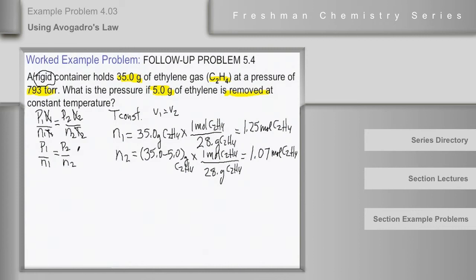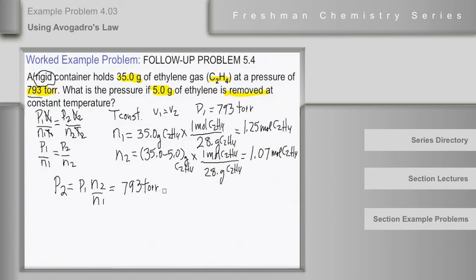Now, the problem asks us for the pressure under the second set of conditions, so we solve this for P2. And P2 will be equal to P1 times N2 over N1. So P1 is 793 torr, so we'll plug that in here for P1, 793 torr, and we'll make this a multiplication sign.